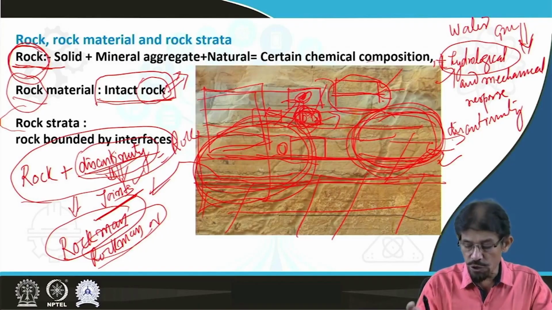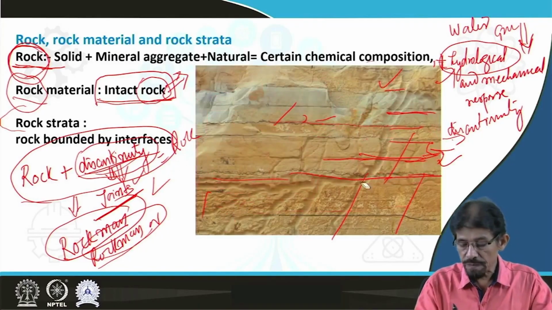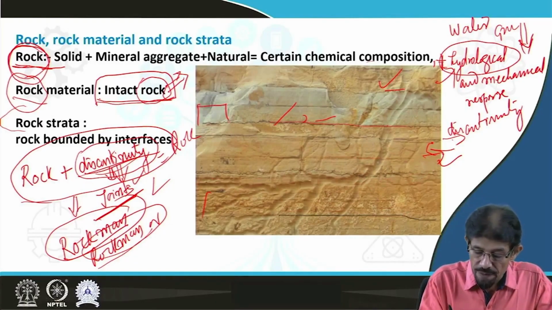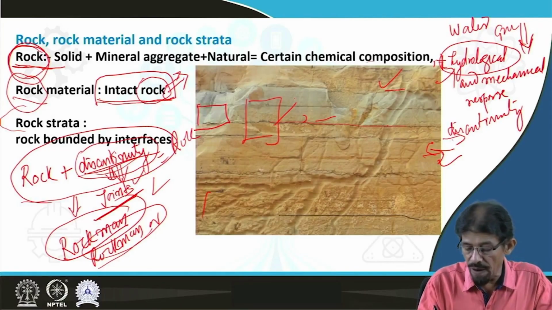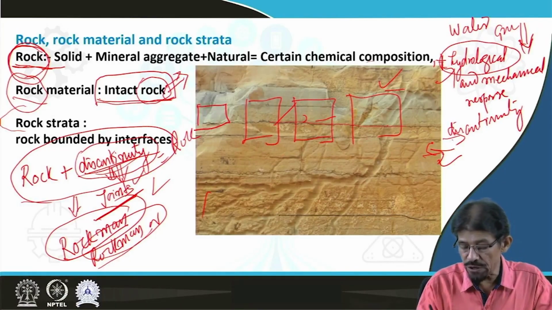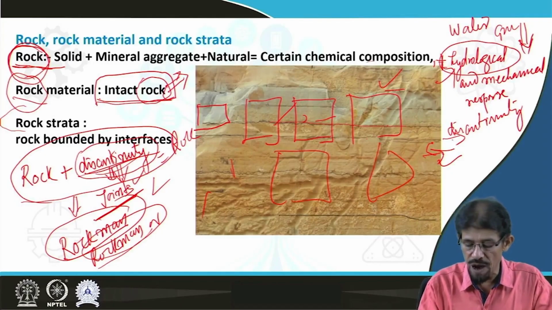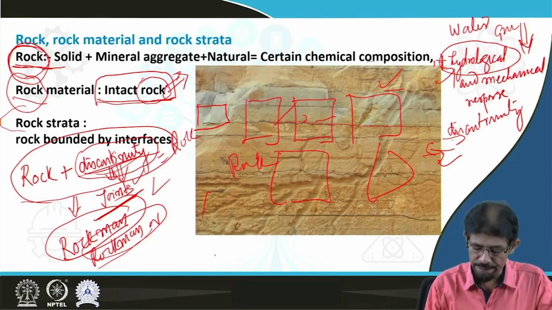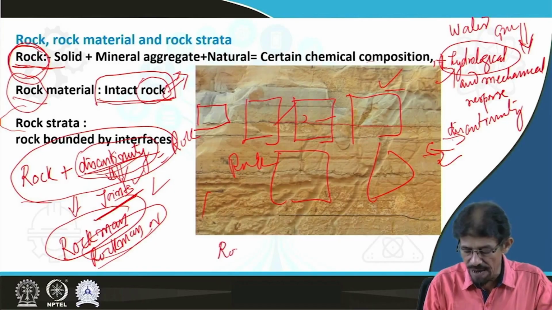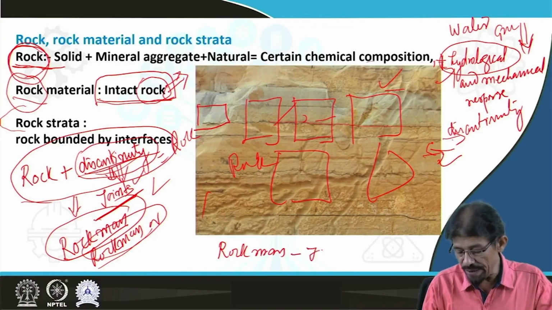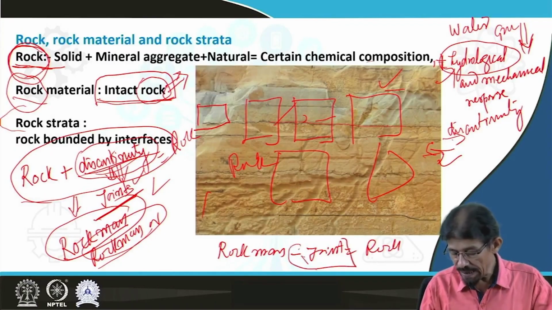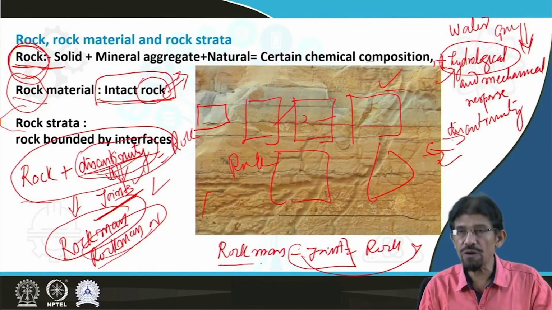If we see this overall, this zone is made up of rock mass, this zone is made up of rock mass, the whole zone is made up of rock mass, not made up of rocks. And technically, if we try to explain, we can say that rock mass minus joint is equal to rock, or rock plus joint is equal to rock mass.